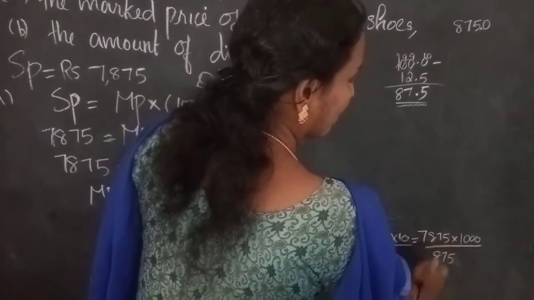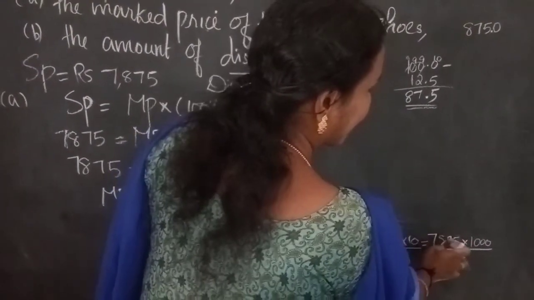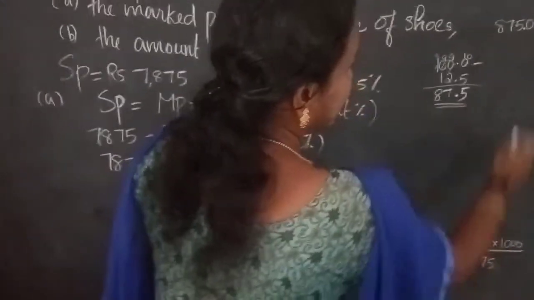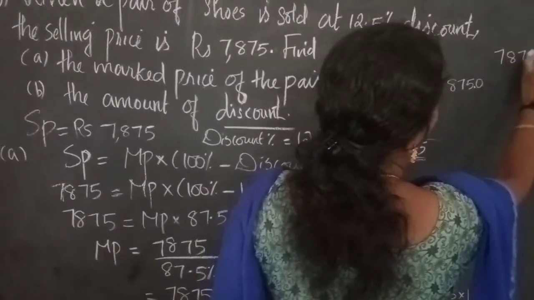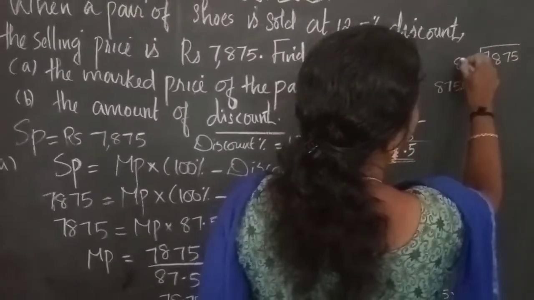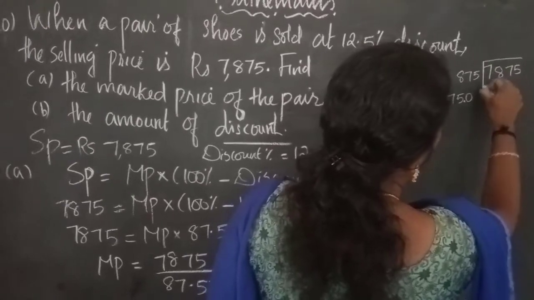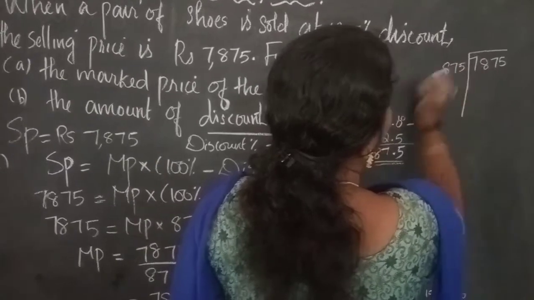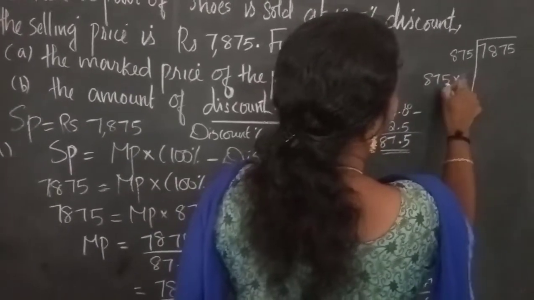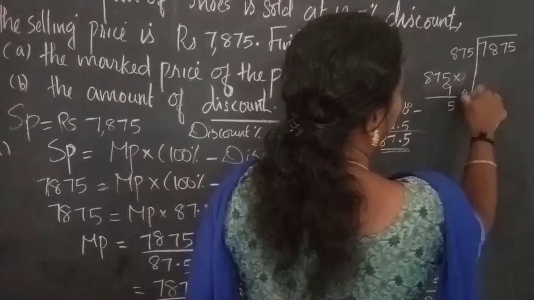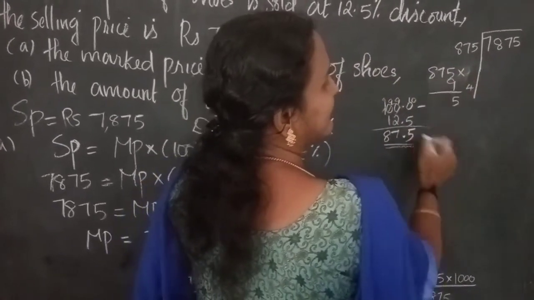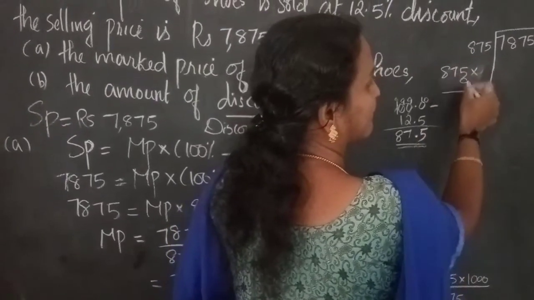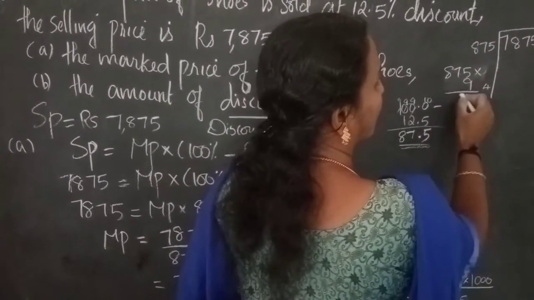So 875. Now dividing, we get the answer. 7875 divided by 875. Multiplying 875 into 9: 9 5s are 45, that is 4. 7 9s are 63, 63 plus 4, 67.